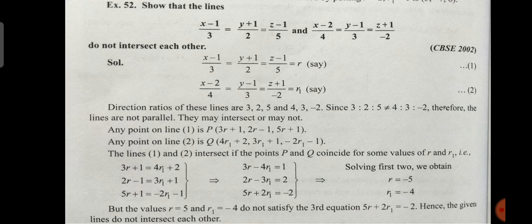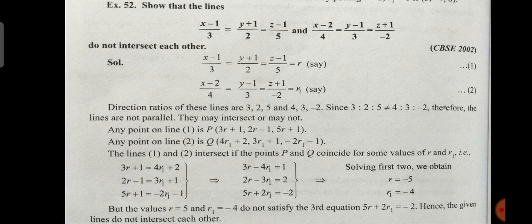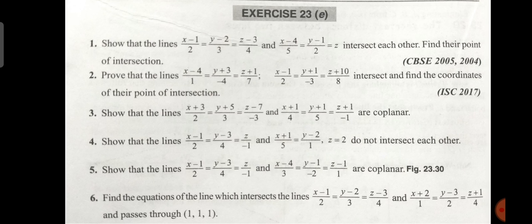Then the next step is to find the determinant. Questions have also been given to show that lines intersect, to find the point of intersection, and to check whether the lines are coplanar or not.